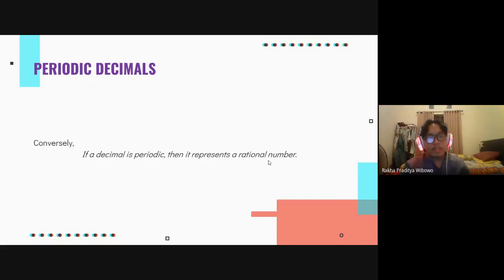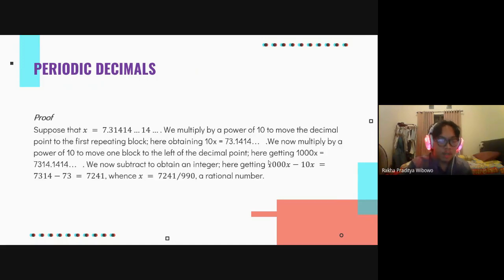Conversely, if a decimal is periodic, then it represents a rational number. To prove it, we are going to use an example as the best illustration.